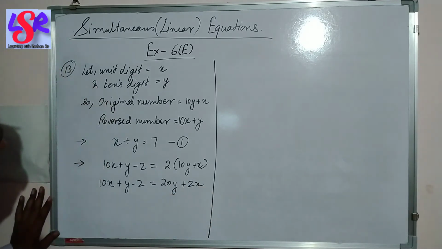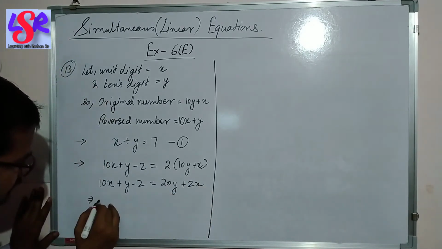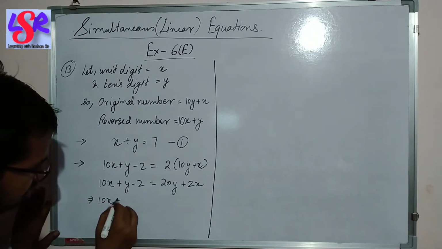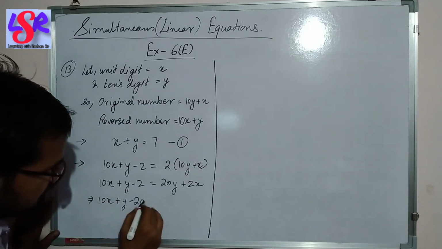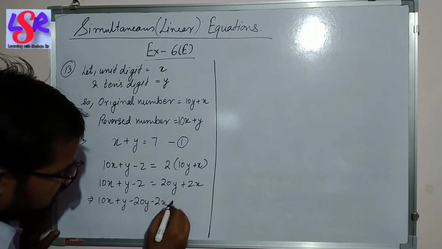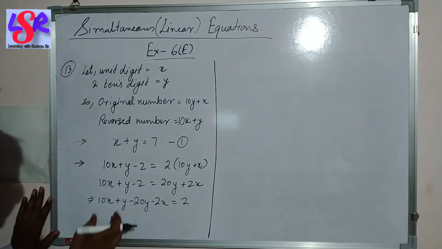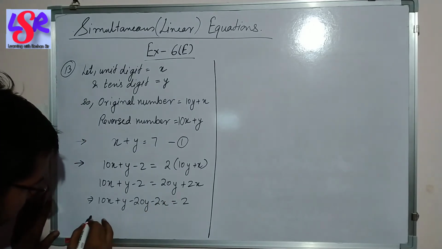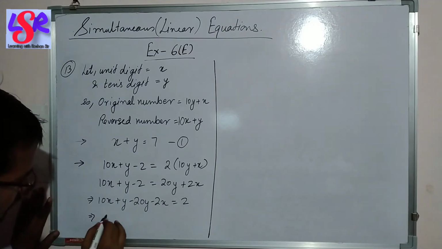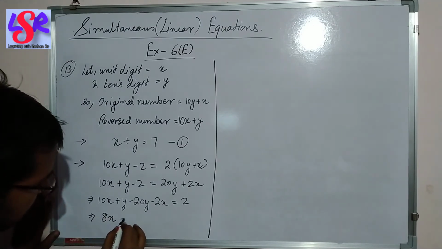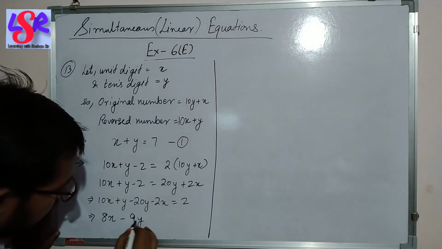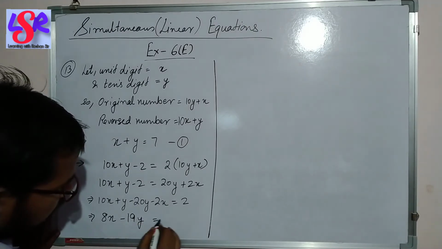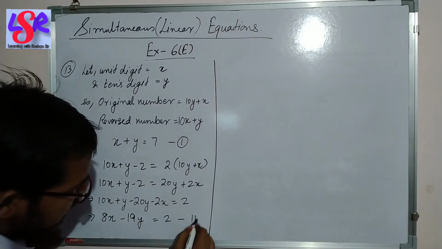Now make a transpose and this will be 10x plus y minus 20y minus 2x equals to 2. Now solve these two and here it will be 8x minus 19y equals to 2 as your second equation.